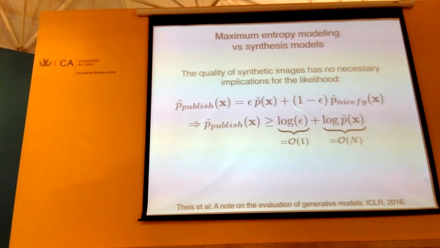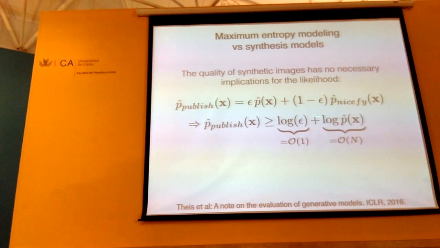And most of the time you sample from this lookup table model, and only very rarely you sample from the model with a high likelihood on edge images.